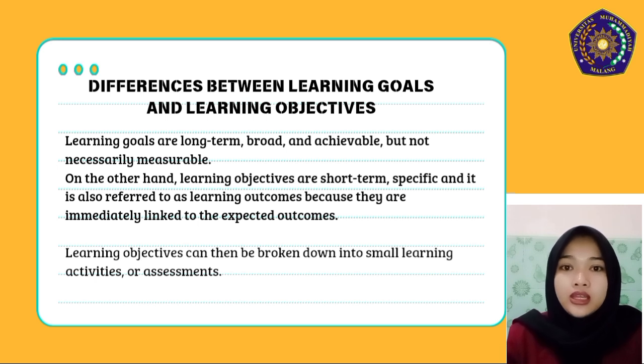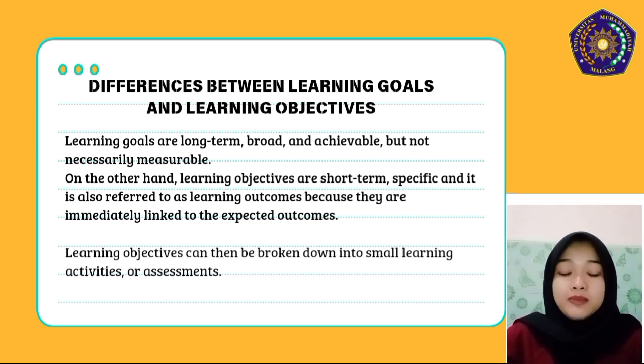What actually are expected outcomes? It is what we can expect learners to be able to do by the end of the course. Learning objectives can then be broken down into small learning activities or assessments.